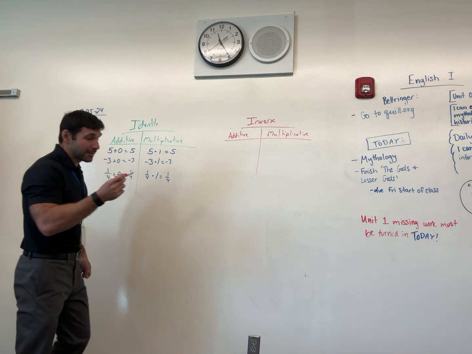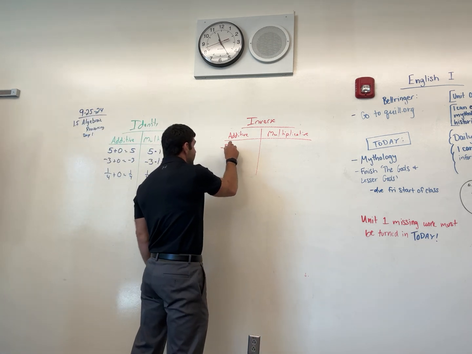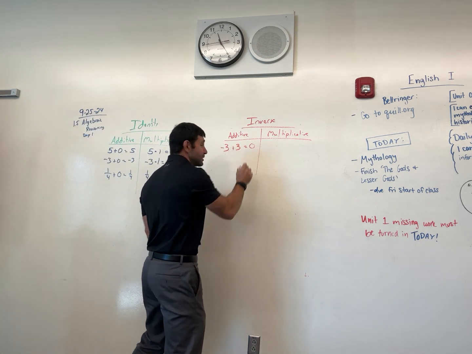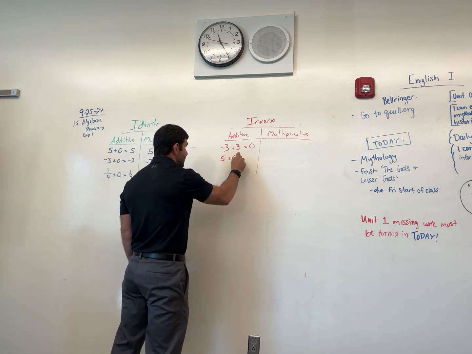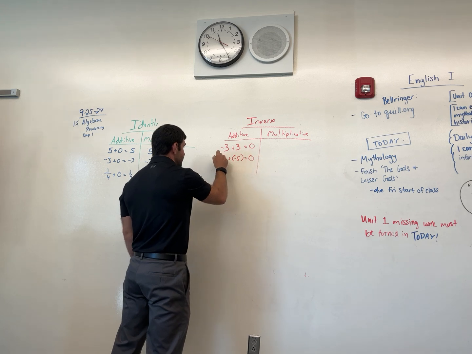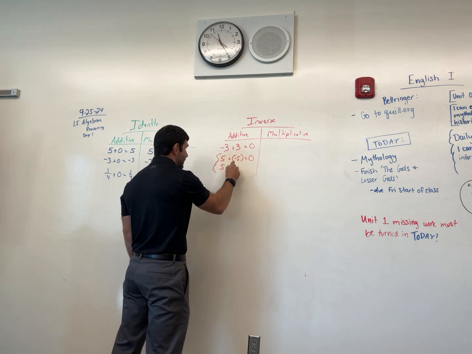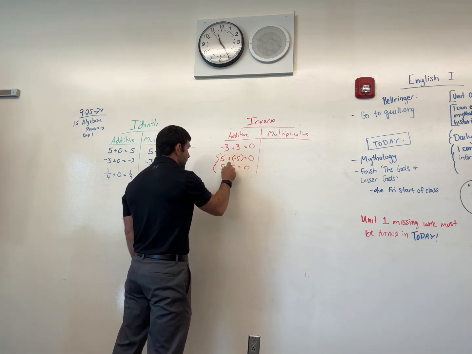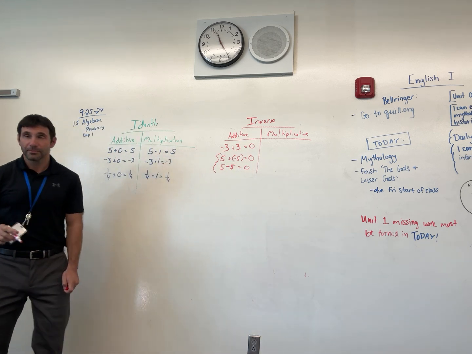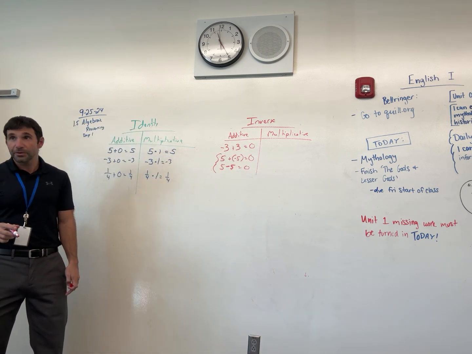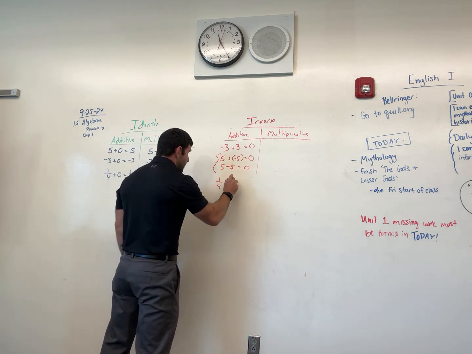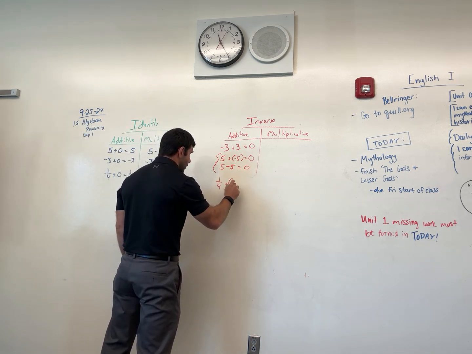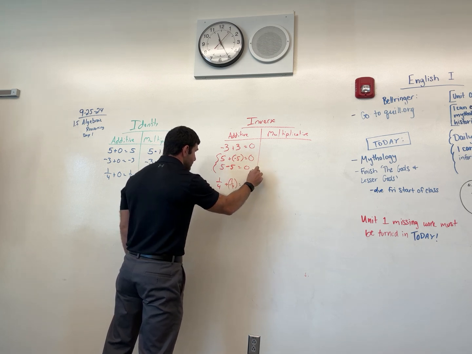So the additive inverse, you have negative 3 plus 3 equals 0. 5 plus a negative 5 equals 0. And I'm going to put 5 minus 5 equals 0. Why? Because those are the same. Even though they look different, they're equivalent. 1/4 plus a negative 1/4 is 0.